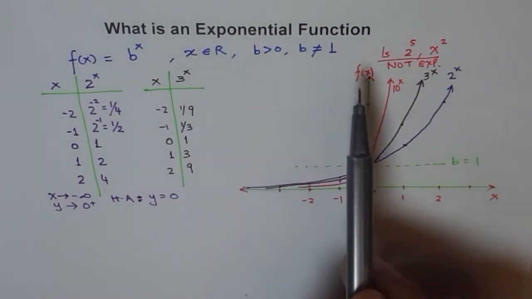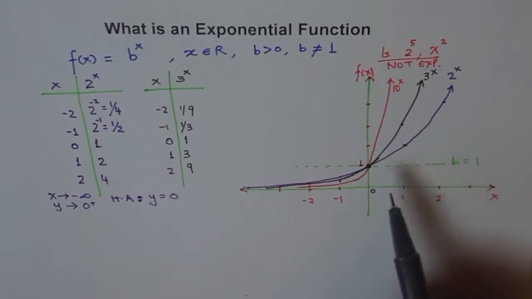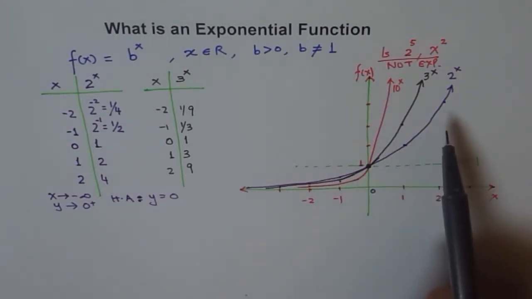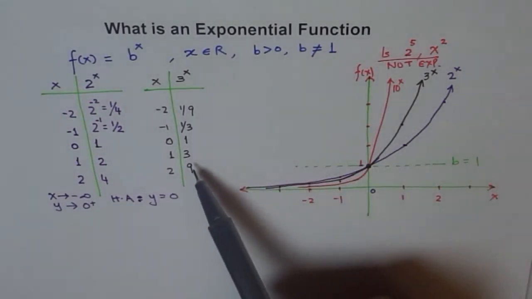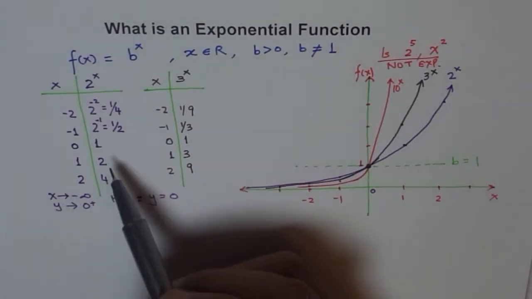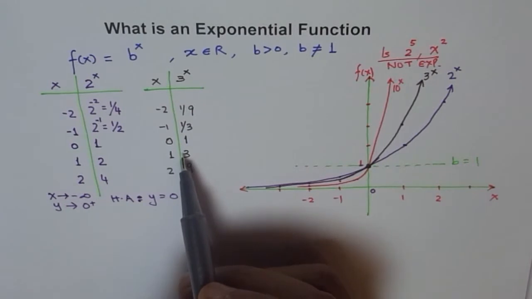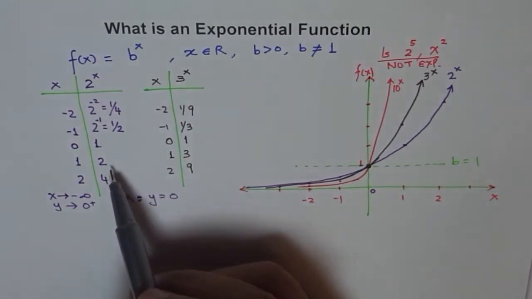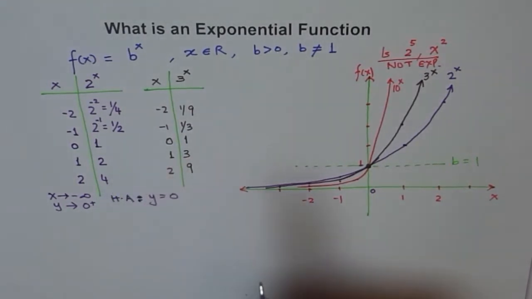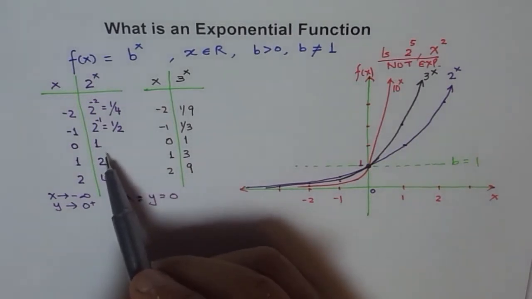Exponential functions are those functions which increase very rapidly. Okay? Do you know how fast they increase? Let's go back and look into our values once again. You remember, when we were writing our values for a linear function and quadratic function, the first difference was what? For a linear function, the first difference was constant.